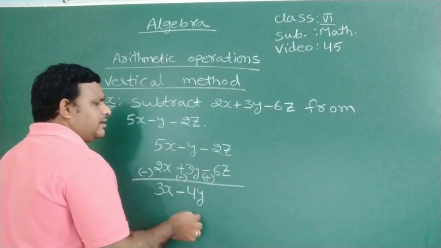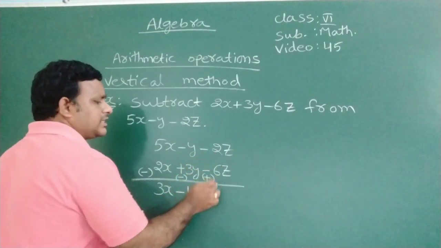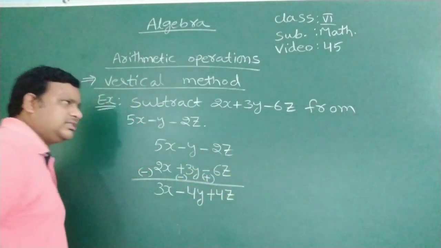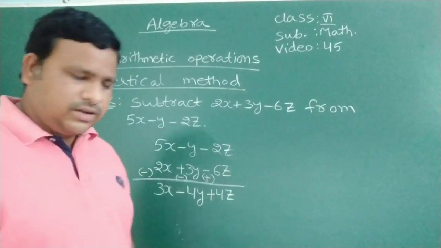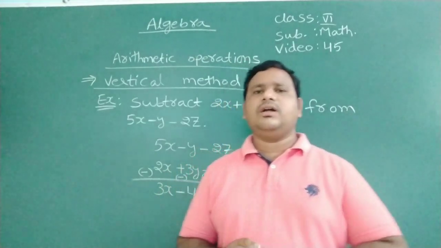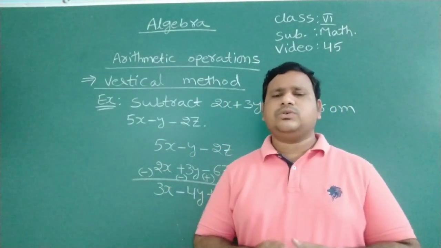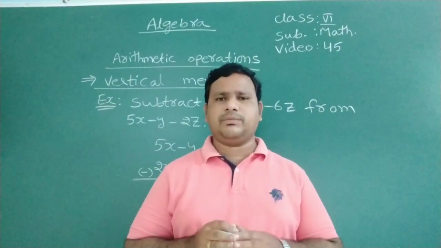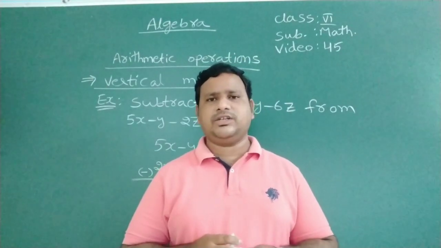Minus 2z plus 6z, minus 2 plus 6, plus 4z. That's it. So this is the way of subtracting one algebraic expression from another in the vertical method. Whether it is the horizontal method or the vertical method, whatever the method may be, the answer is the same in both. Understood?